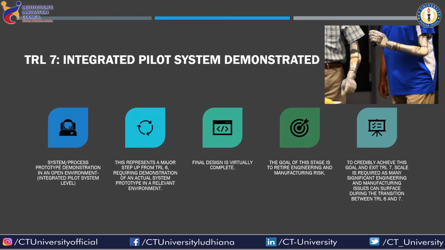And so the system process prototype demonstration in an open environment is done. The goal of this stage is to retire the engineering and manufacturing risk. All the manufacturing part is already standardized. If you remember in TRL level 4, I showed you the robotic arm that I made, and I said that I did a lot of grinding and sanding to make that.